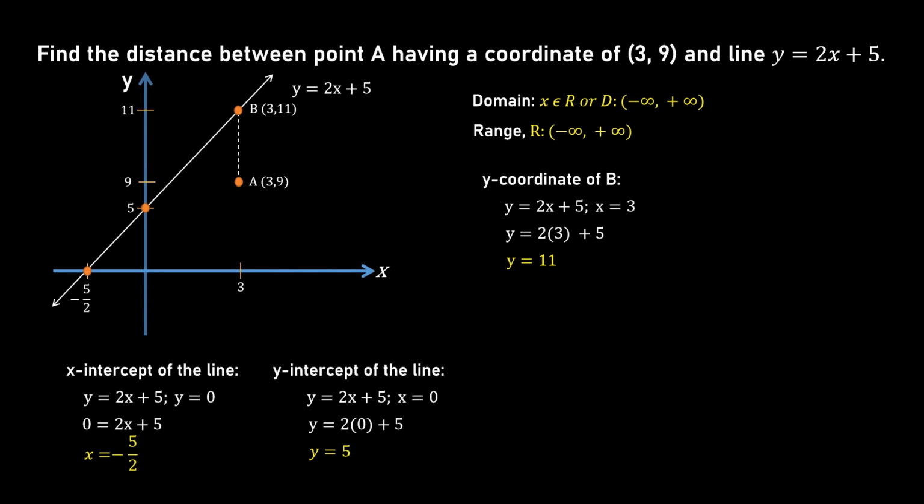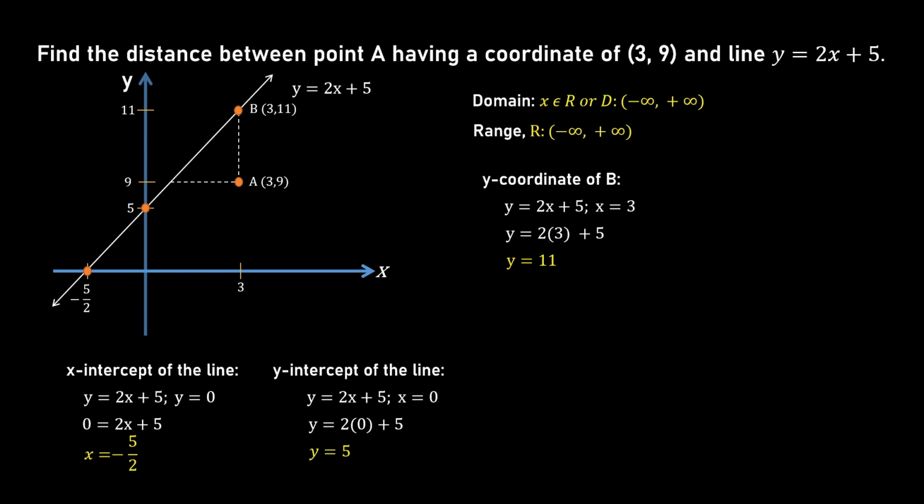Lahat daw ng values ng y between negative infinity plus positive infinity, there will be a point on the line na kung saan yung value ng y na yon is between negative infinity plus positive infinity. And that's the proof that if we would project a horizontal line that would pass point A, it would indeed intersect the given line.